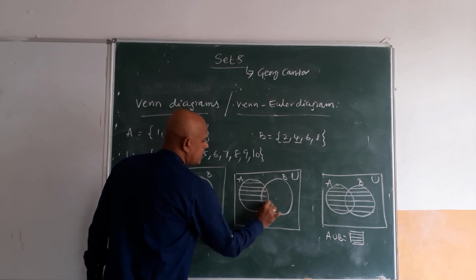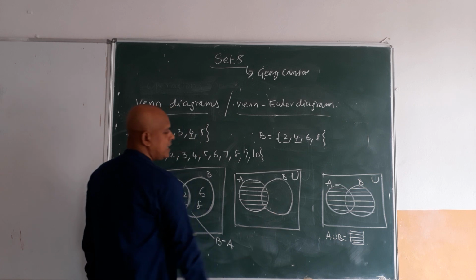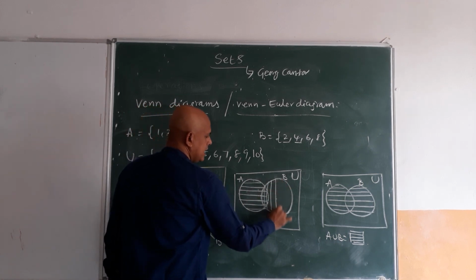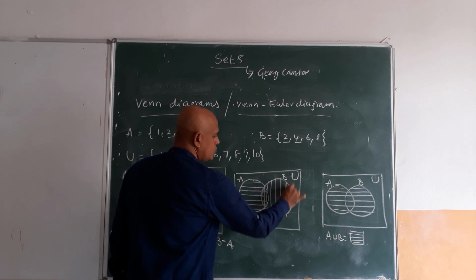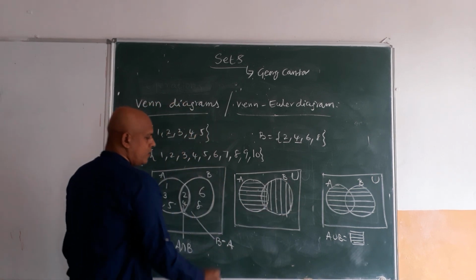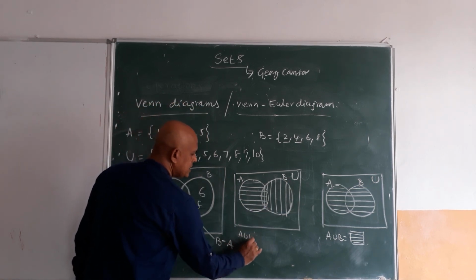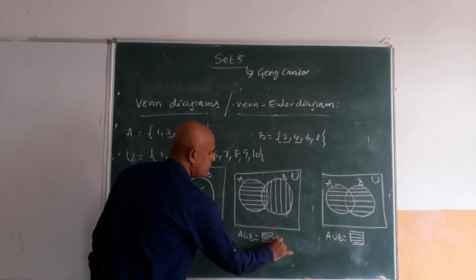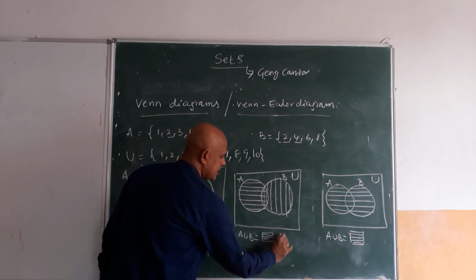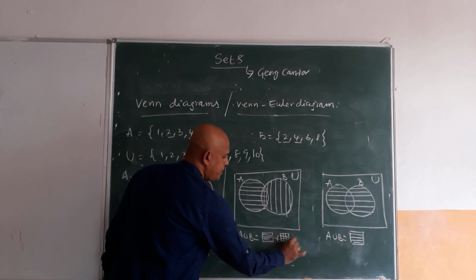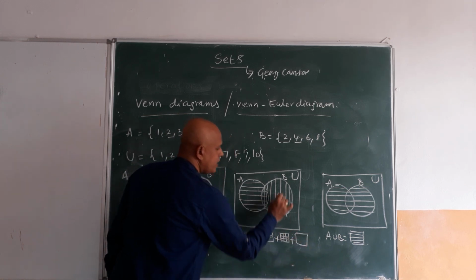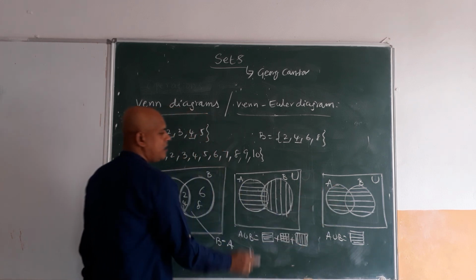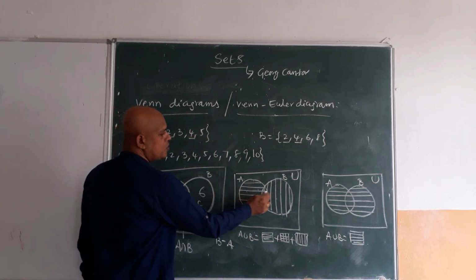Let us draw A with the shading part as horizontal lines, and B as vertical lines. Through this also we can define A union B. A union B means the complete part, that is horizontal plus vertical, the combined part. So this is another way to represent it. This is one way for A union B. In another way also you can define 1, 2, 3 parts.